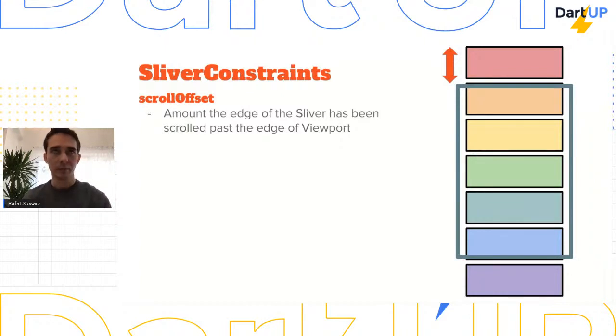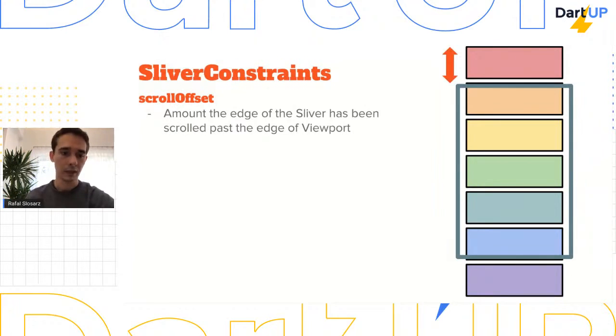If we consider the red sliver, the one on top, its scroll offset will be non-zero. But for the yellow widget on the list, the scroll offset is still 0 because it wasn't scrolled off the page. So this is how the scroll offset actually works.